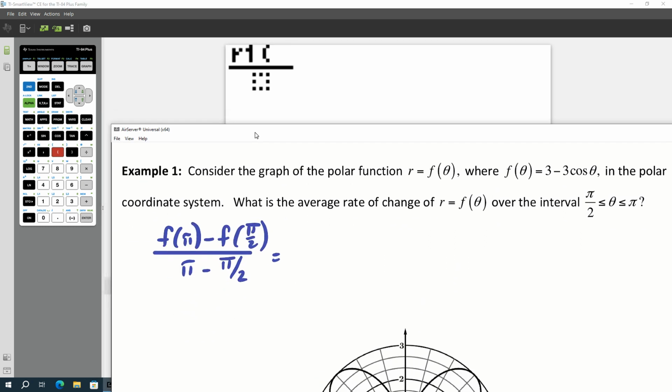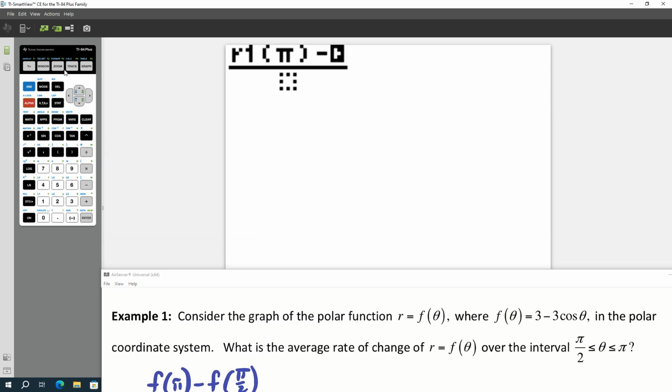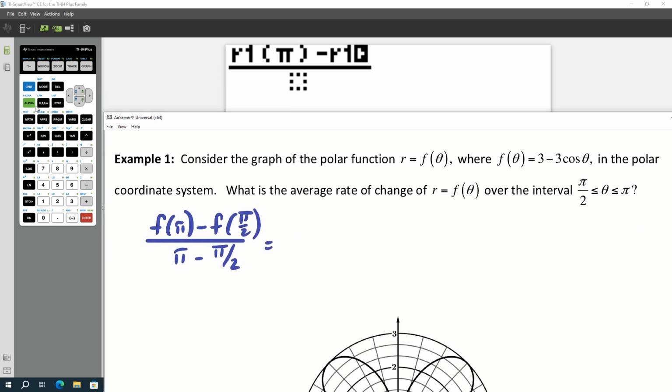So we'll do R1 of pi, which is second, and then a little caret. All right, and then we'll do alpha trace and get R1. And then in parentheses, we'll do pi over 2. All right, and then in the denominator, we're going to do pi minus pi over 2.